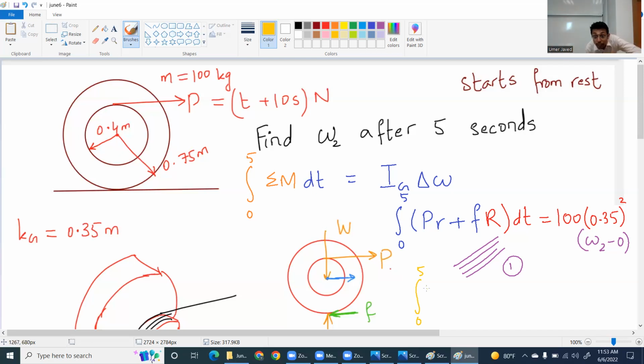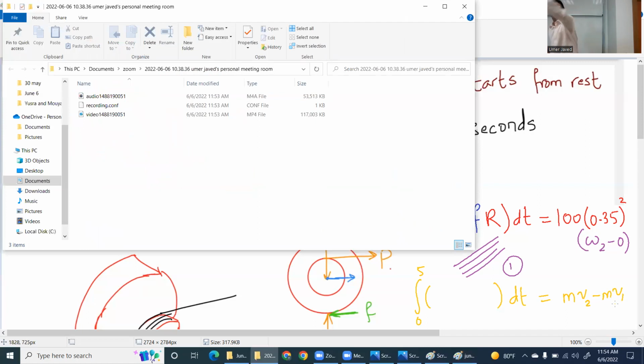What is impulse? Good. So integral F dt is equal to change of momentum. Everyone, is it clear? You are following, right? That impulse is equal to integral F dt is equal to mv2 minus mv1.